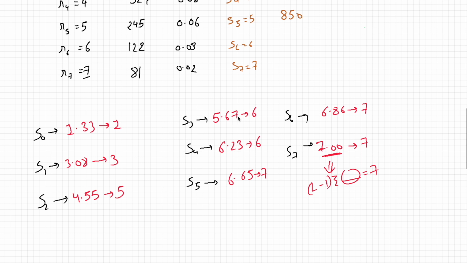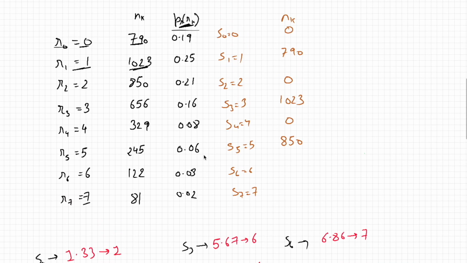Well, this will be all the values which were 3 and all the values which were 4, so it will be the addition of these two terms. Let me quickly add it: 656 plus 329, it will be 985.